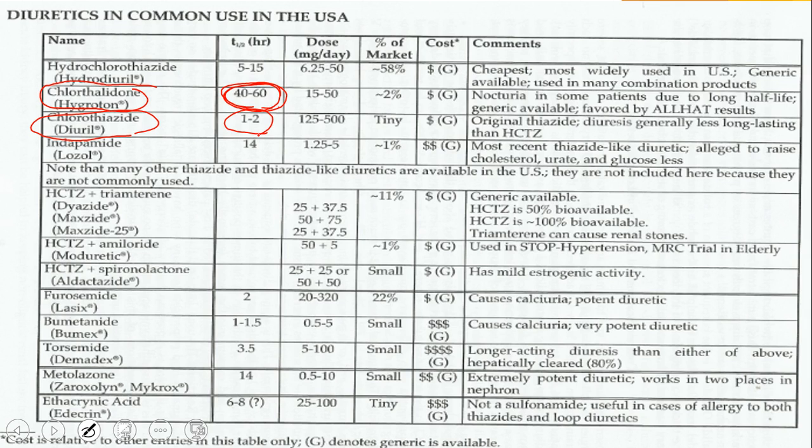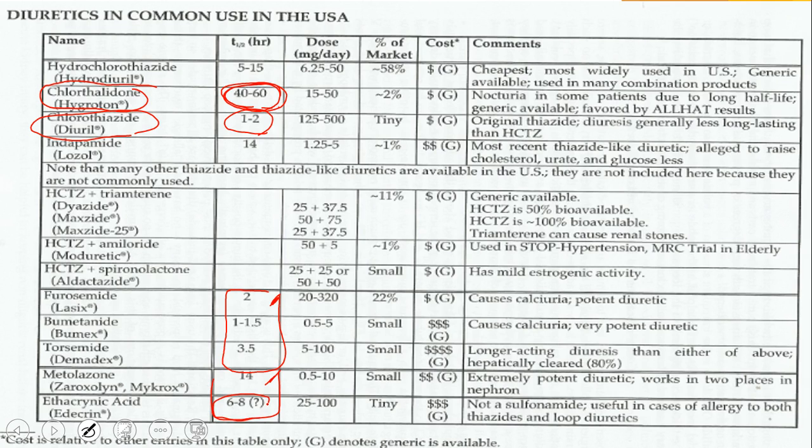Now, if we're going to compare this to our loop diuretics down here, I guess it goes all the way down. 2 hours for furosemide, torsemide 3.5, metolazone 14, ethacrynic acid 6 to 8, maybe, I don't know.